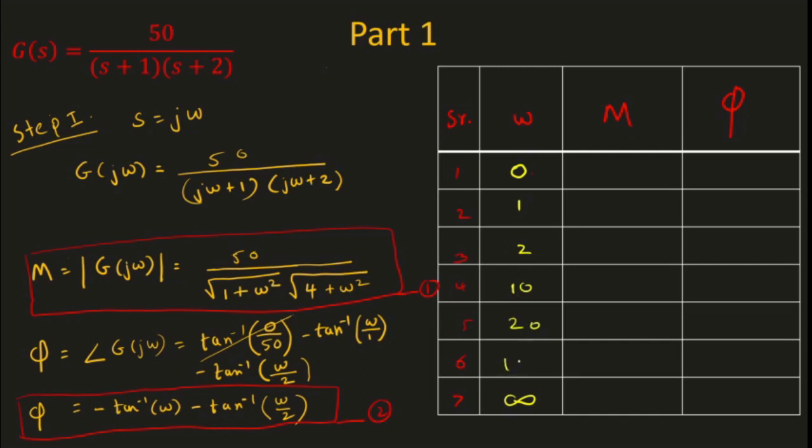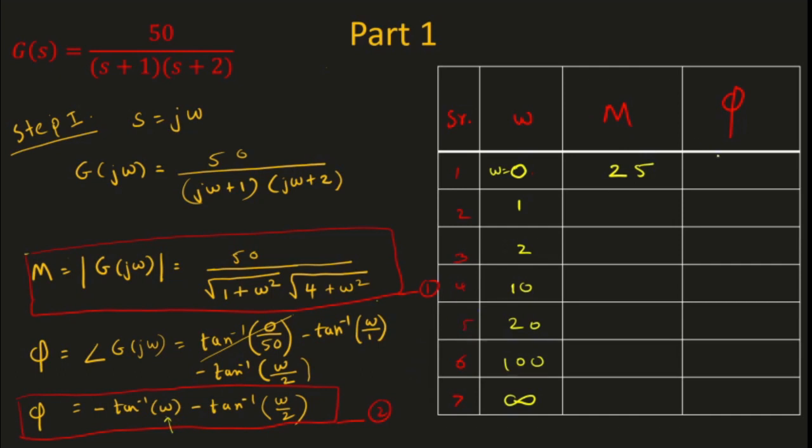So when I put omega equal to 0 in equation number 1, I get a magnitude of 50 upon square root of 1 into square root of 4, that is 50 by 2, so I'll get 25. And when I put omega equal to 0 in equation number 2, tan inverse of 0 is 0, minus tan inverse of omega by 2, that is 0 by 2, again 0.